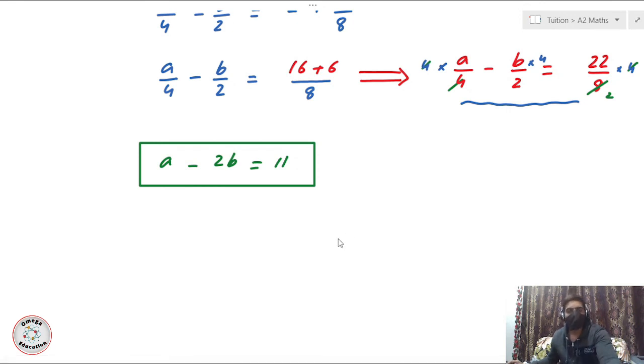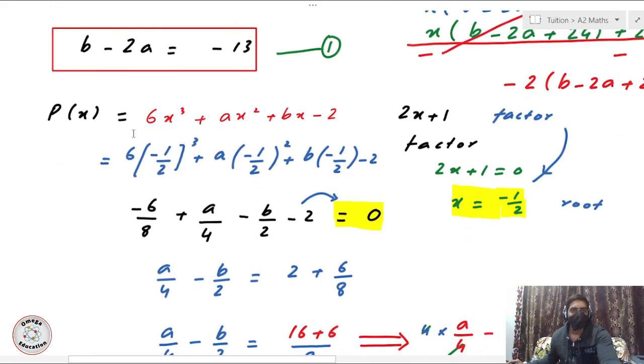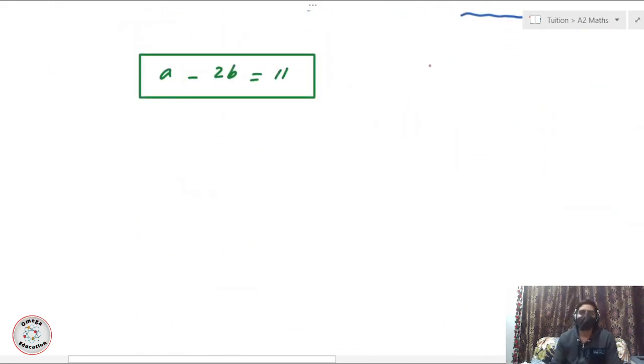And we all know once we have the two equations, we can always solve them. I'm writing this one over here, and the first one was b minus 2a equals minus 13. You can solve it any way you want. I'll be using just the substitution method. So b equals minus 13 plus 2a.